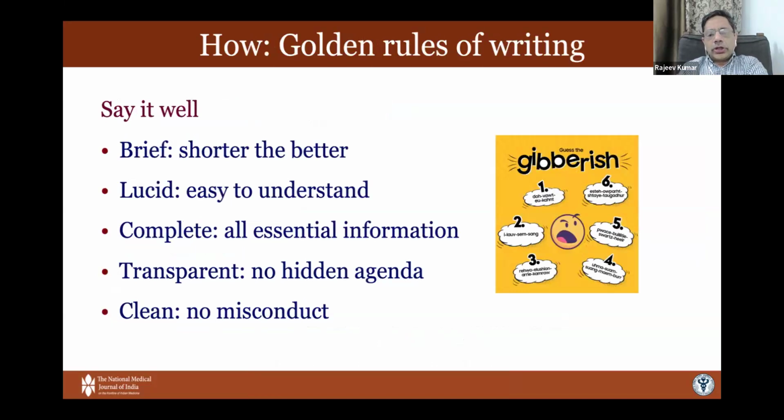Then let's look at what the golden rules of writing are. When we were students doing our graduate degrees or master's degrees, many of us used to write a thesis. When you wrote a thesis, one of the basic things we were taught is to make it big, make it as large as you can.